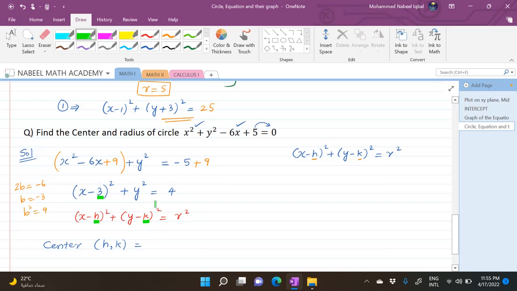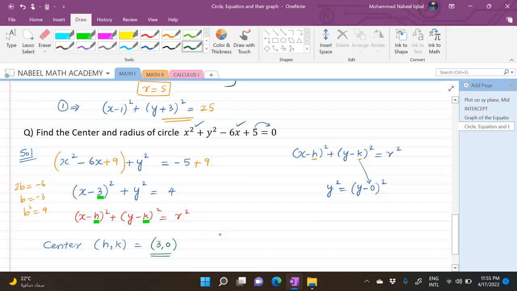And what about the k value? There is nothing, so k is 0. I can write y square as (y minus 0) whole square. So the k value is 0. So I write (3, 0) as my center.